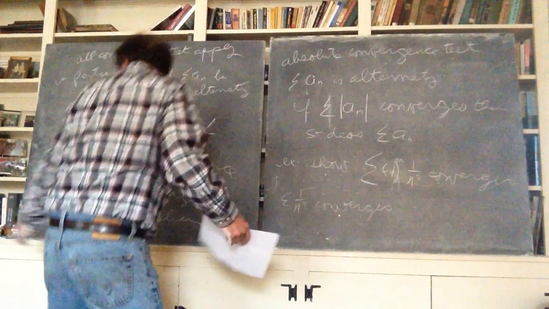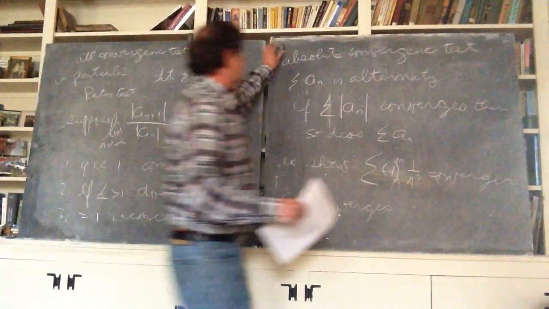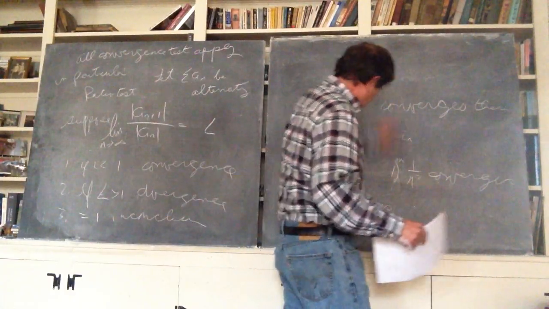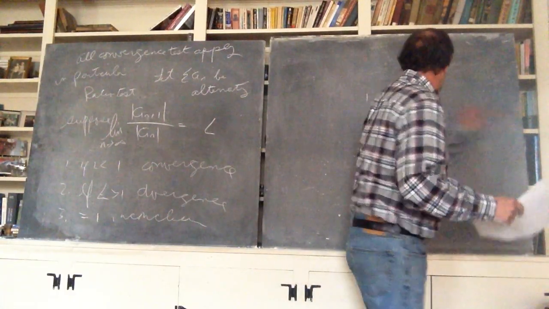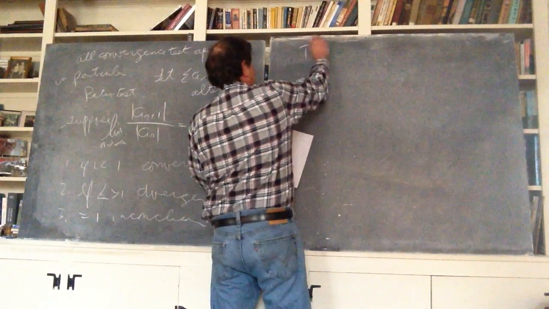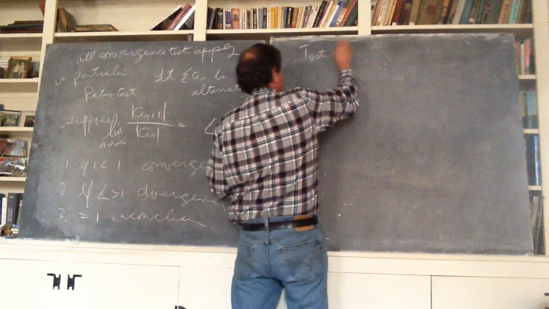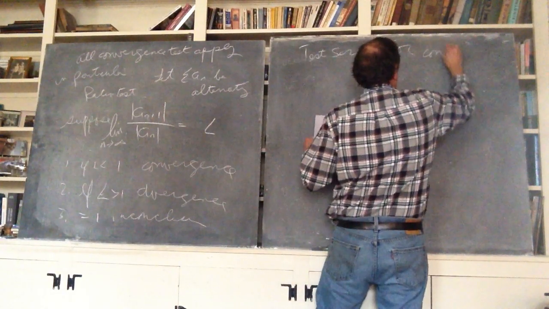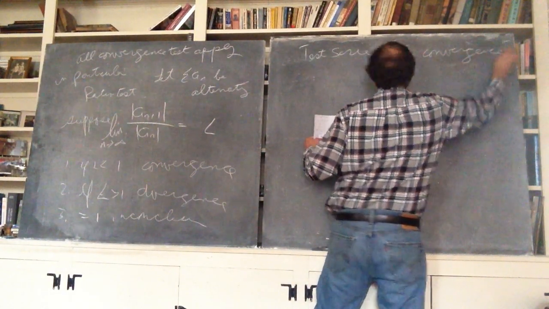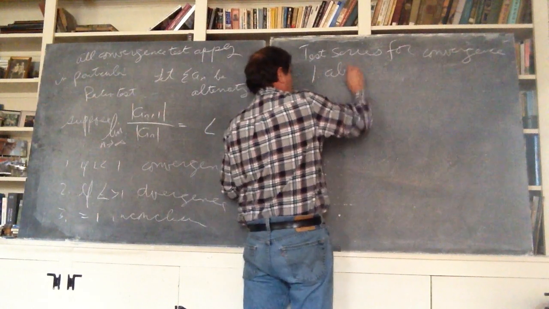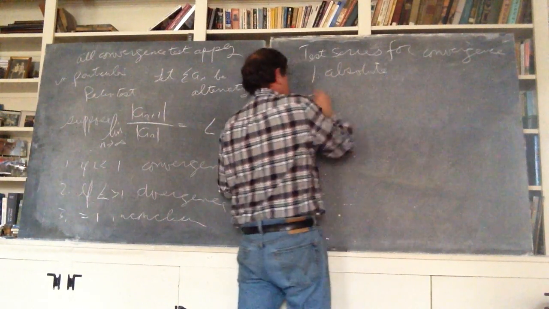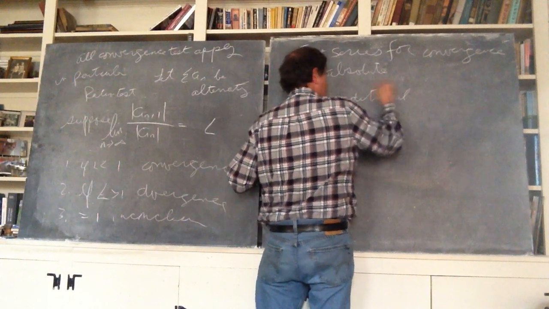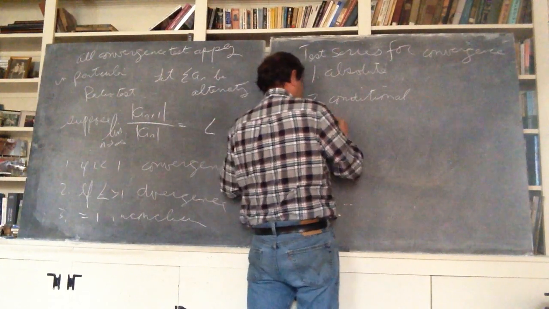And so what we're going to be doing is testing for conditional convergence. I'll do examples of this in the next video. Test series for convergence. And when we say convergence: one, absolute, two, conditional, or divergent. And actually there are some you can't tell as well.